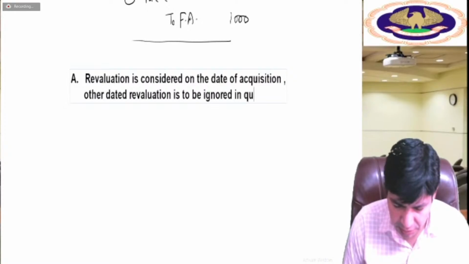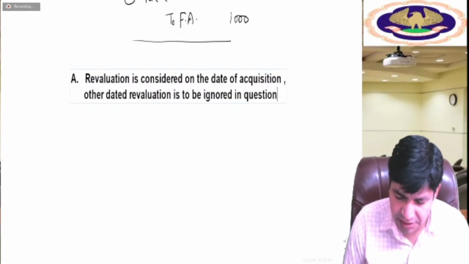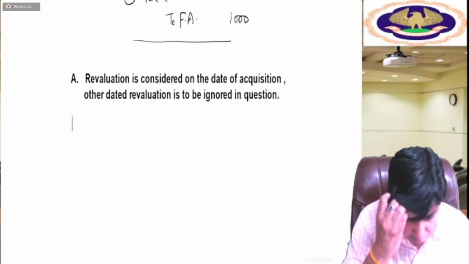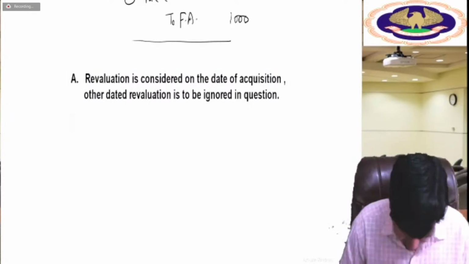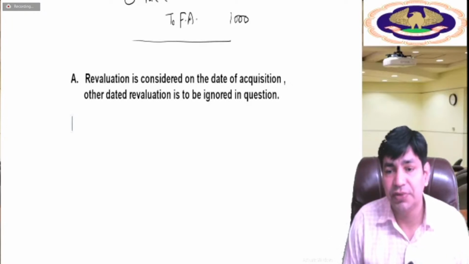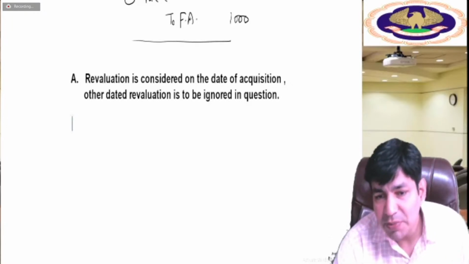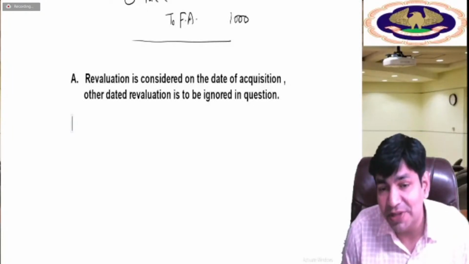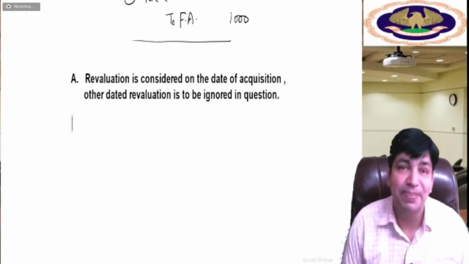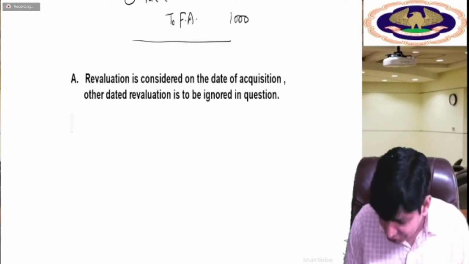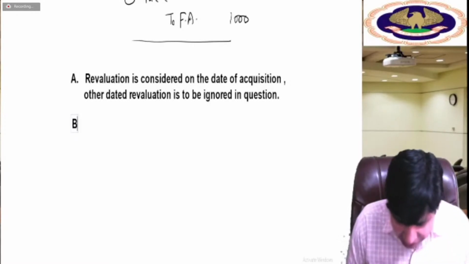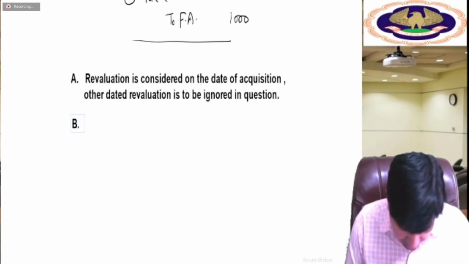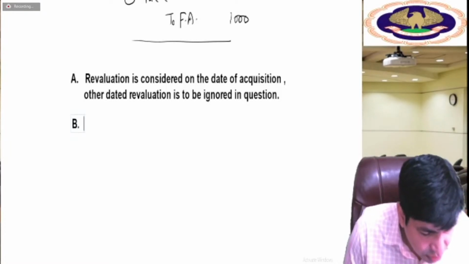But if the question is saying revaluation of a different date, then you have to focus only on the date of acquisition revaluation. Yes, there may be a case, beta, that the reverse treatment will be there. There will be saving on depreciation, Namrata. Very good, very good. Your doubts are clearly showing that you are in depth in the concept.